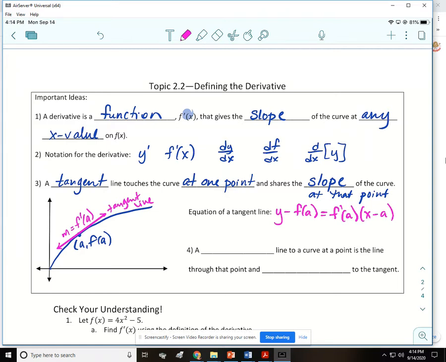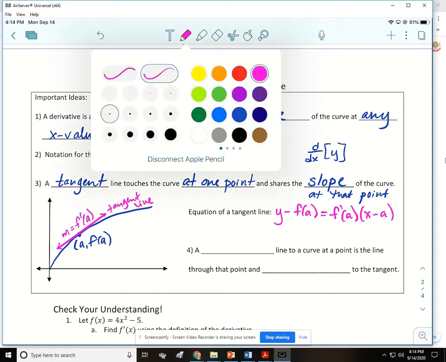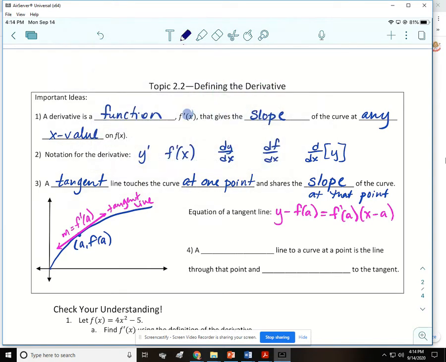Alright, we're also going to find a normal line. So let's make it purple. So a normal line to a curve at a point is the line through that point and perpendicular to the tangent. Okay, so I'll try to draw a line through this point perpendicular to the other line.